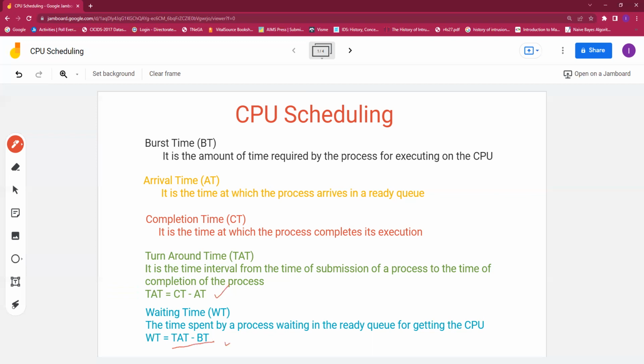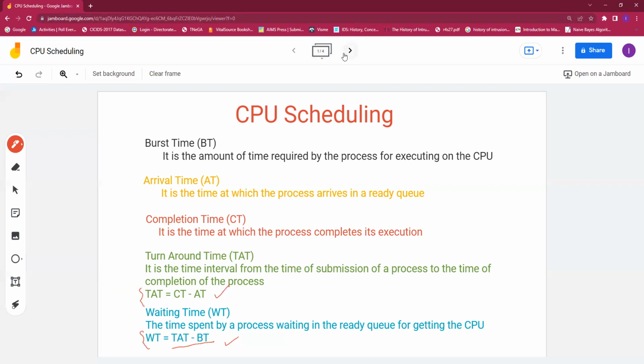If you know them, you can find the waiting time. These two are the important formulas to find the turnaround time and the waiting time. We will see one example so that you will know how the process from the ready queue is taken and handed over to the CPU.